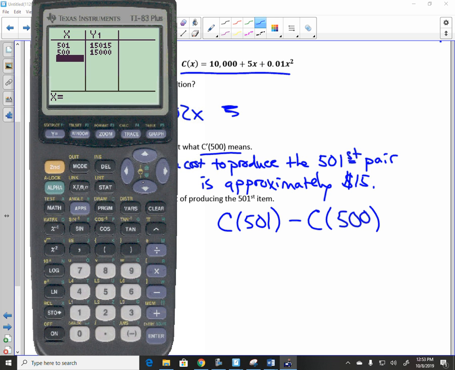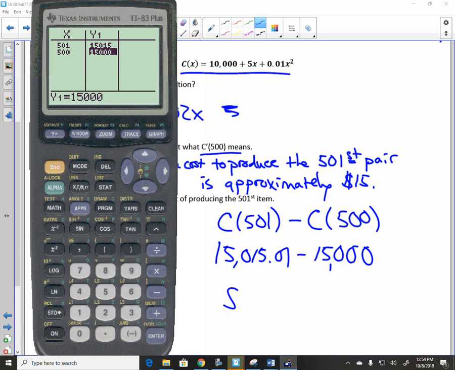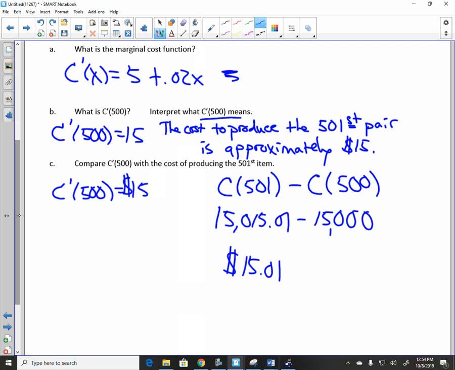As you look at this, it only shows a certain number of digits. As you go over, you can see in Y1 below, that's where it shows the entire number. Do you see that? So it's 15,015.01 to produce 501 pairs of shoes, and to produce 500 is equal to 15,000. If you subtract those, you get $15.01.